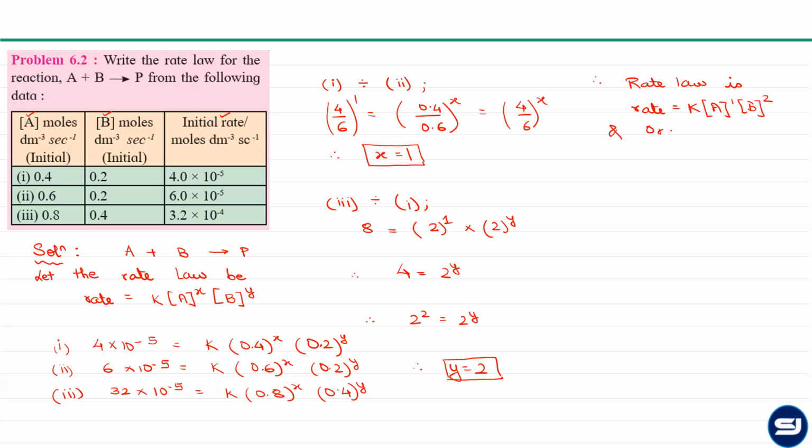The order of the reaction is not asked, but in case they ask, it is the sum of the stoichiometric coefficients to which the concentration terms are raised in the rate law equation, which is equal to 3. These are the two important things which we have derived from the experimental data. So order is an experimental quantity which can be found through the experimental data.